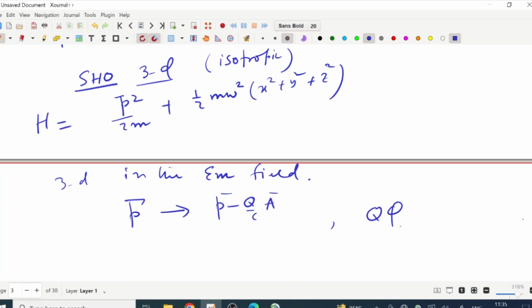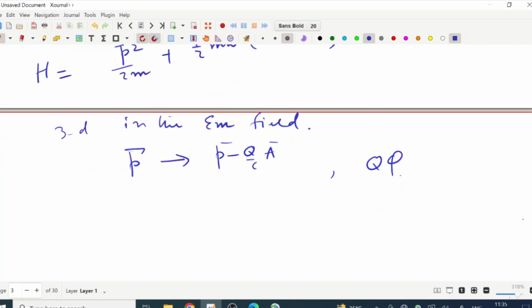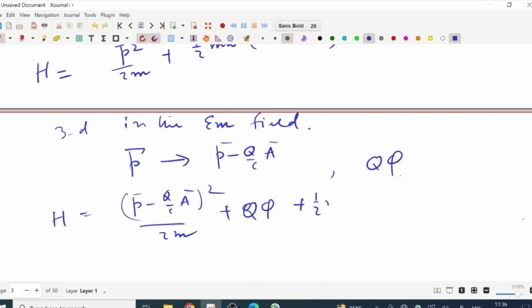So, the harmonic oscillator in 3 dimensional space will be H equal to P minus Q by C A whole square by 2m plus Q times phi plus half m omega square x square plus y square plus z square. In a similar way, you can study your quantum mechanical problem by replacing the Hamiltonian without magnetic field by a magnetic field Hamiltonian and study your harmonic oscillator.